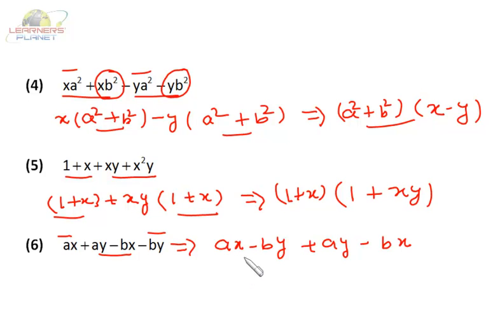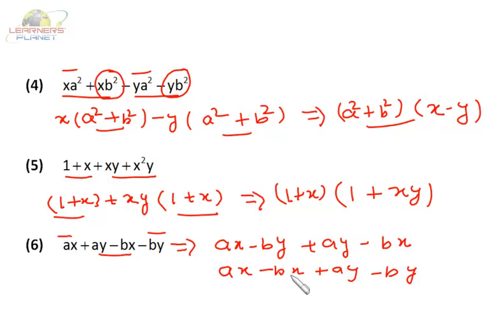Now you see, between these two terms, nothing can be taken as common, and even between these two, nothing can be taken as common. Okay, so now further we have to regroup them. So suppose I write this bx over here. So it's ax minus bx plus ay minus by. So it's just a hit and trial.